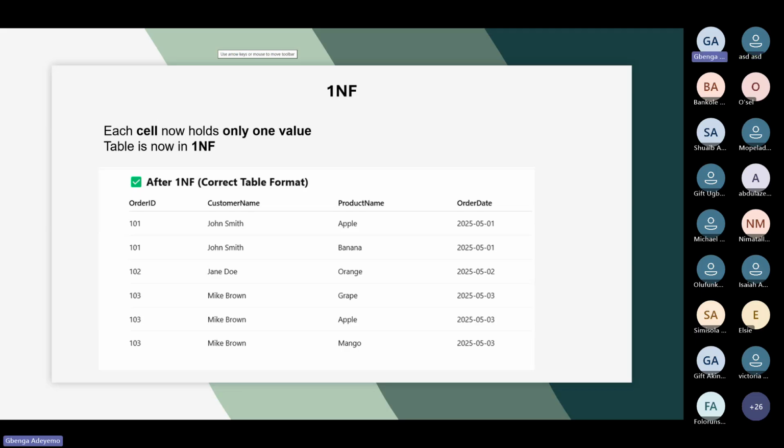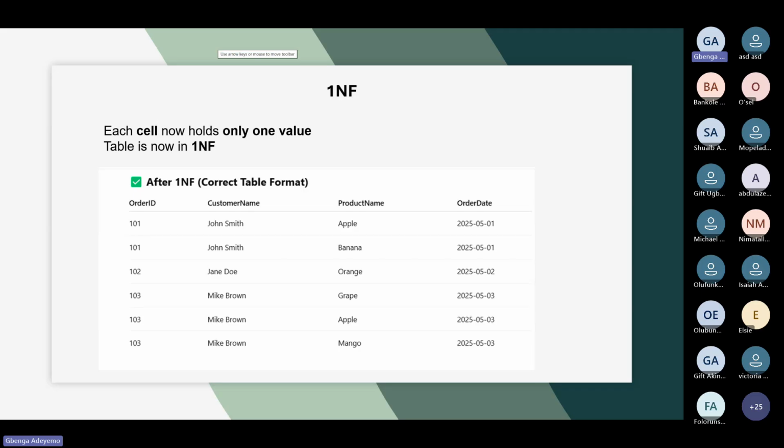Which one is depending on which? Course is depending on the students. Can we say that course ID is depending on the student in this context? Okay, thank you.